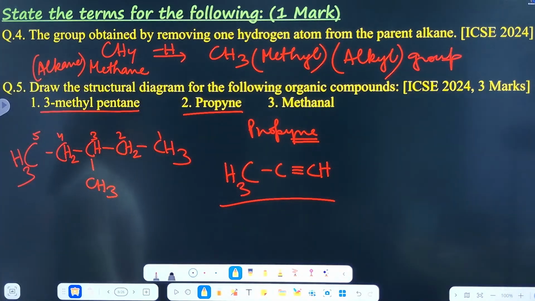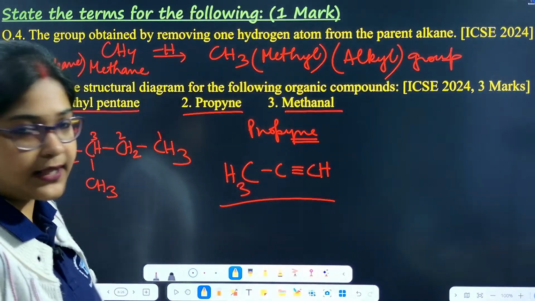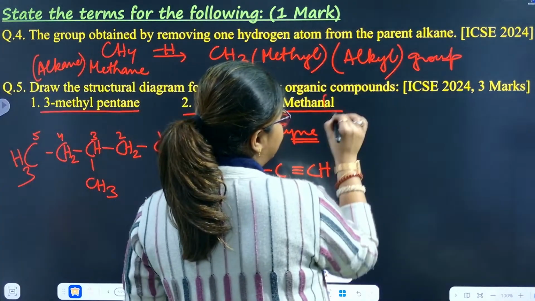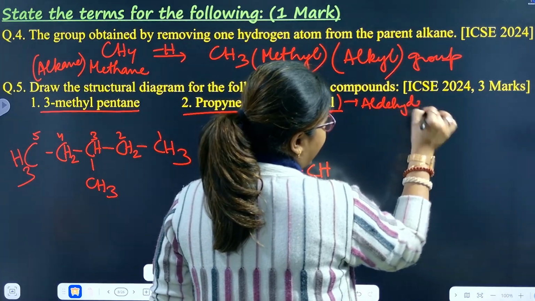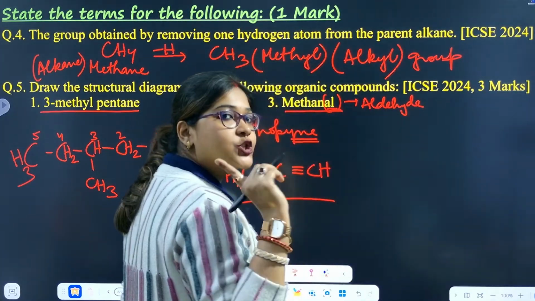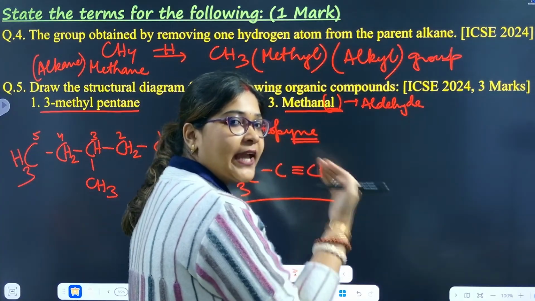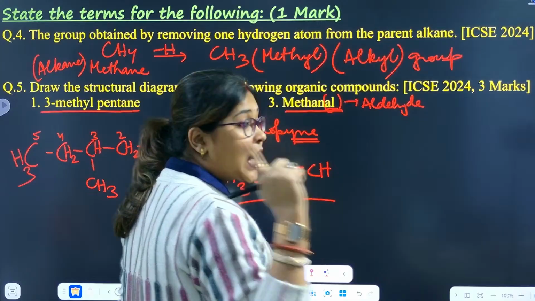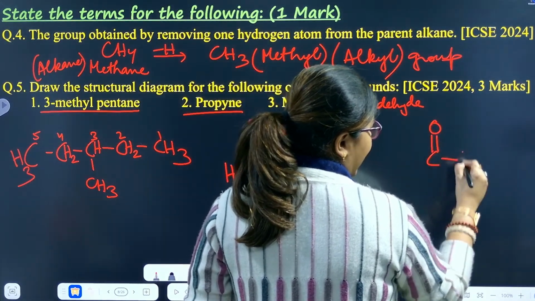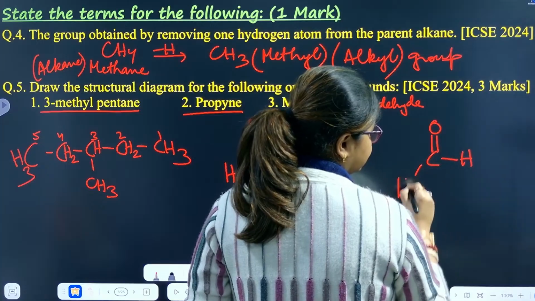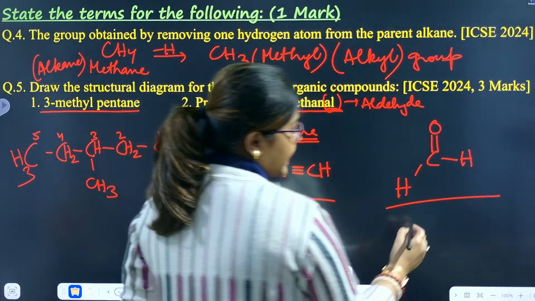Okay, this is propyne. Next is methanal. Methanal means aldehyde. The aldehyde group is there, that means CHO. Methanal means the first, methane to methanal, one carbon atom. So one carbon atom, aldehyde, HCHO. ठीक है?